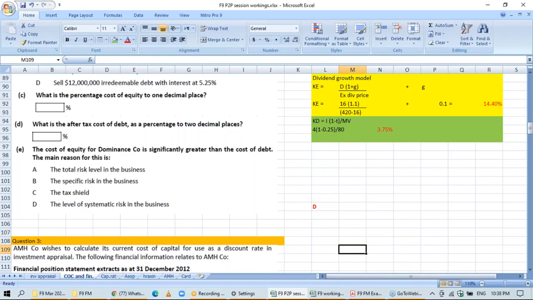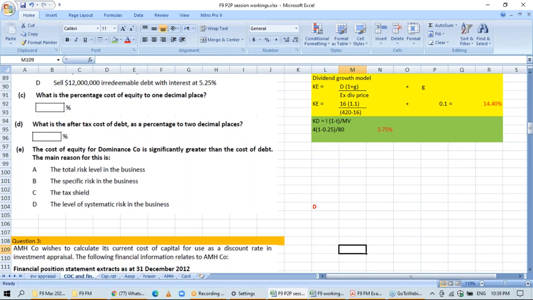The borrower has to pay interest even if they are in loss. If they are in profits, they also have to pay the interest, and the interest remains smooth. If the return is smooth, there is no risk. So in cost of debt, you are not bearing as much risk as in the case of investing in equity.